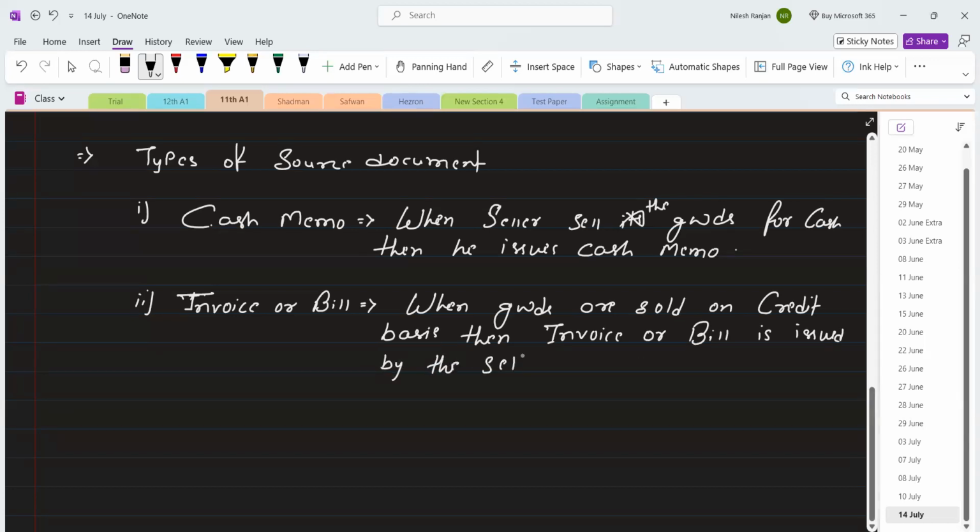So this is the second type of source document.